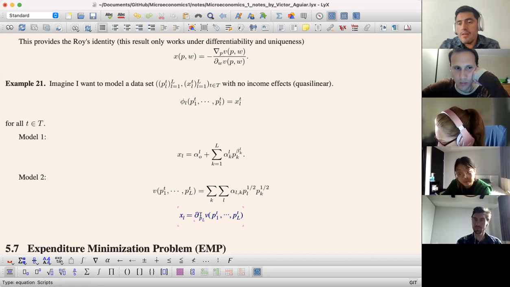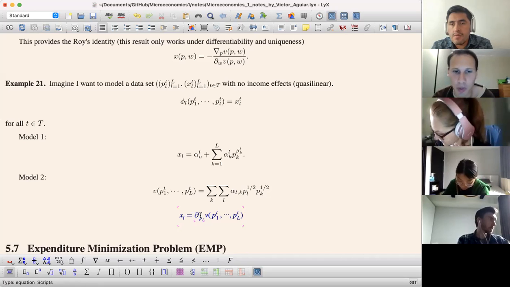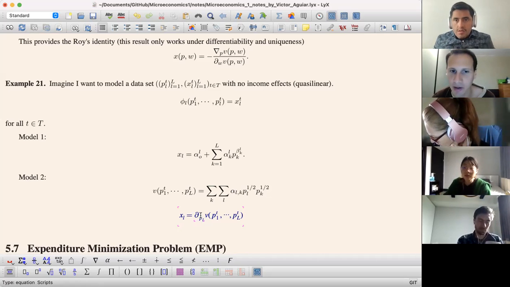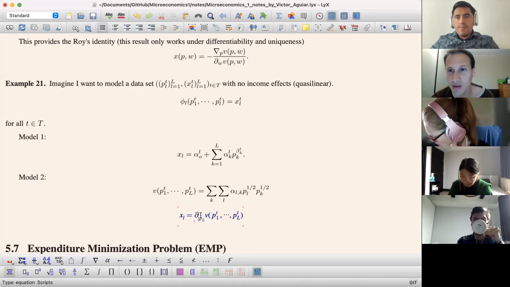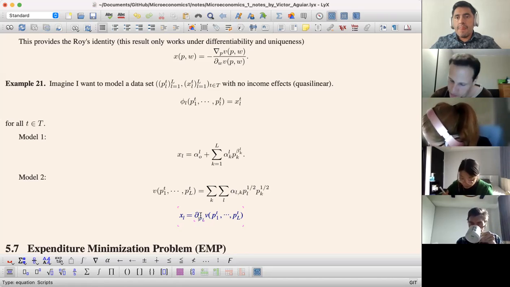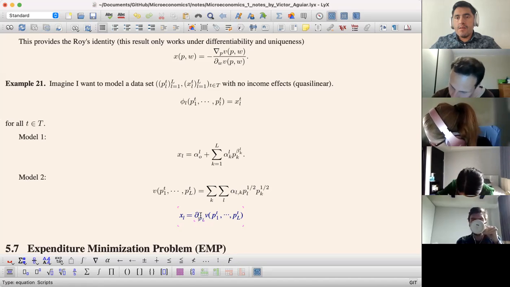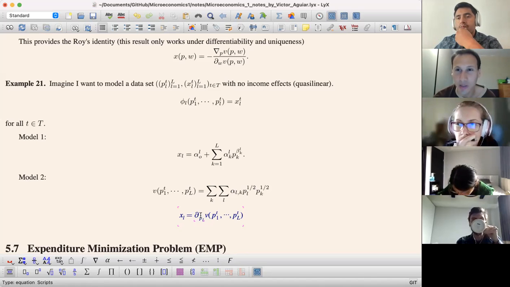Any questions here? Yeah, can I ask you something? I understood the concept of what you're doing, reducing the dimensionality from L to 1. But I'm reviewing how we got Roy's identity, and I cannot figure out what the difference is with the standard utility maximization problem.